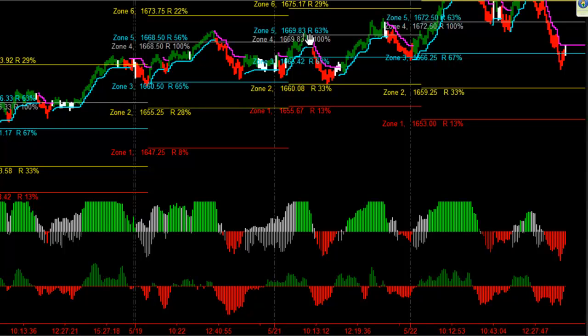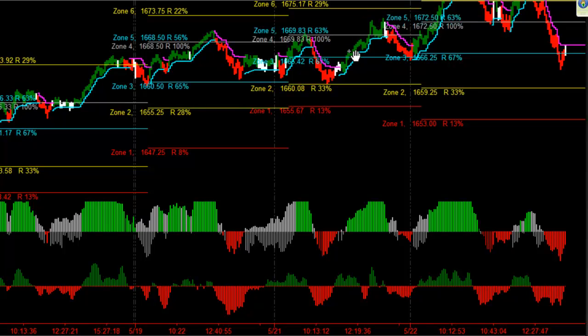It just tagged it here, then came down, went right through the 67% zone, which is the other one, and stopped right on the 33% zone, and then went back up to our 63% once more, but it did not go to the 29% zone.